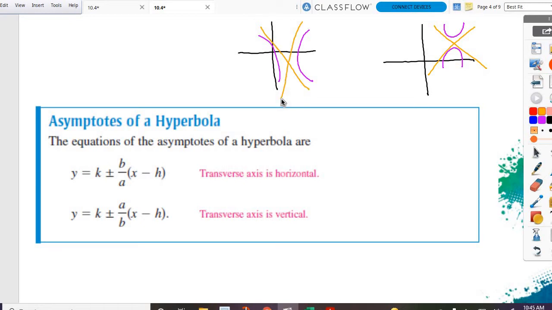So the steeper the slope of your asymptote, the wider your parabolas are going to be. And again, we have two equations because we have one for our horizontal and then one for our vertical.